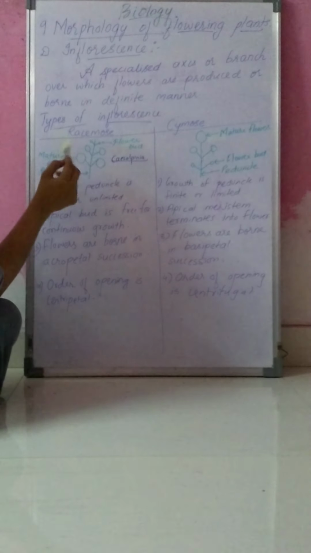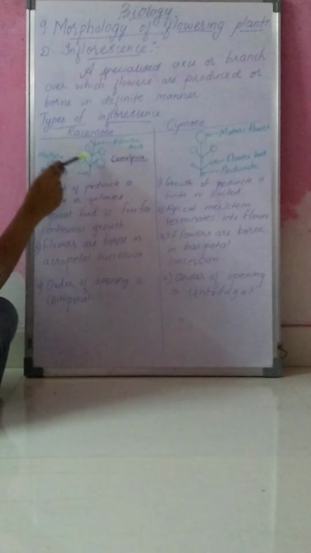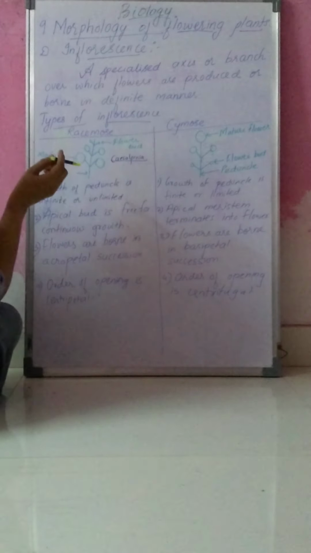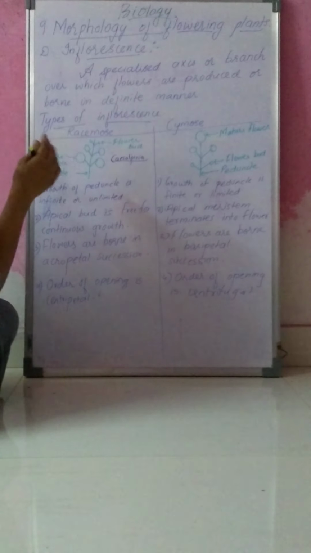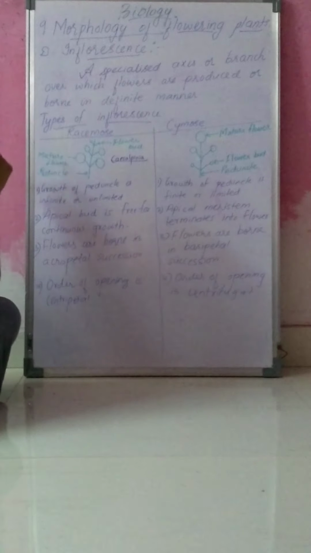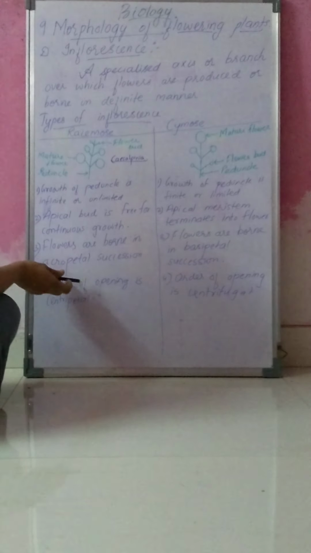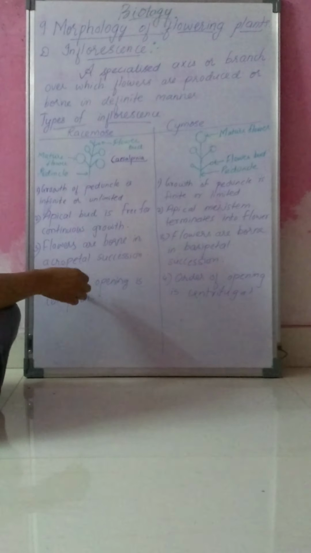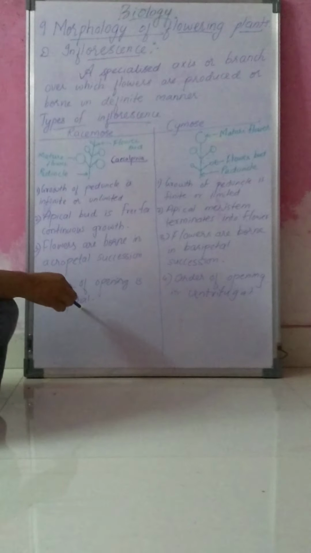Older flowers, we can say mature flowers, are present at the base, whereas the new buds are present at the top. Hence the succession is known as acropetal succession and their order of opening is known as centripetal.